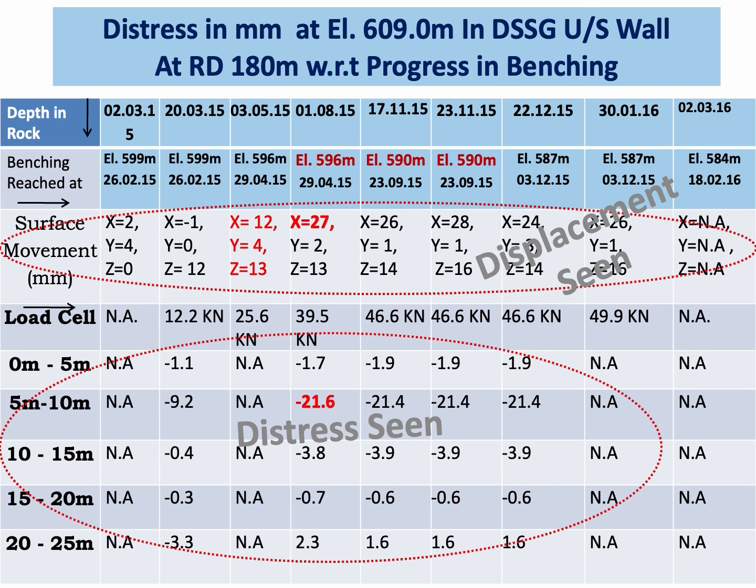Similarly, at RD 180, at the 609 meter elevation instrument, when the benching had reached 599 meter, 590, 587, as benching is progressing, the stresses and the movements are increasing, and the distress in the walls is also suddenly showing.